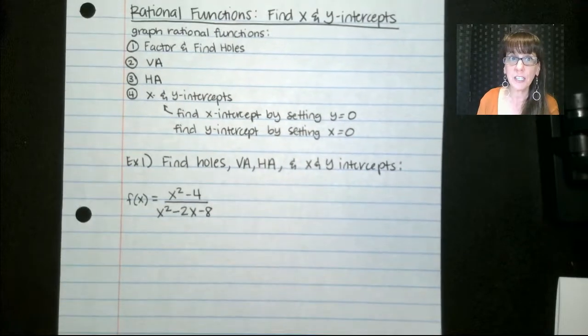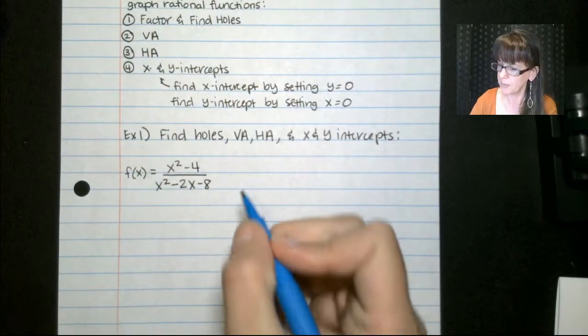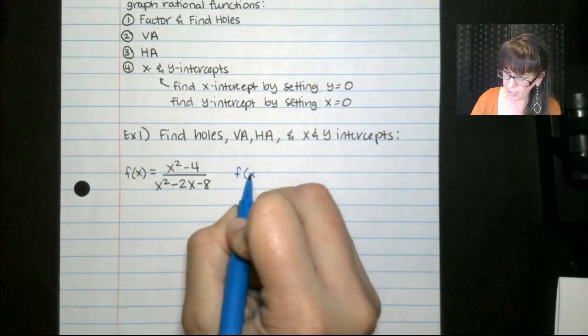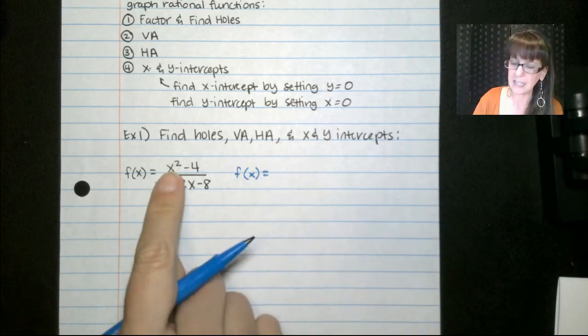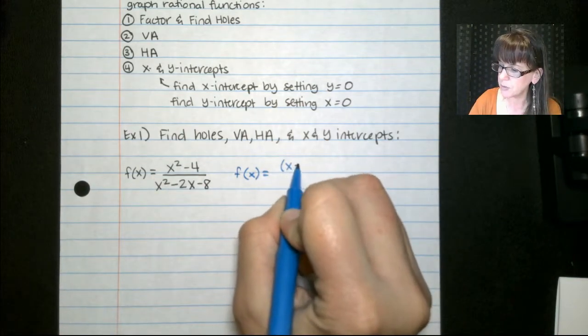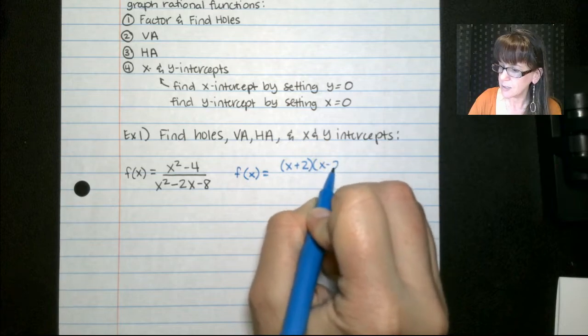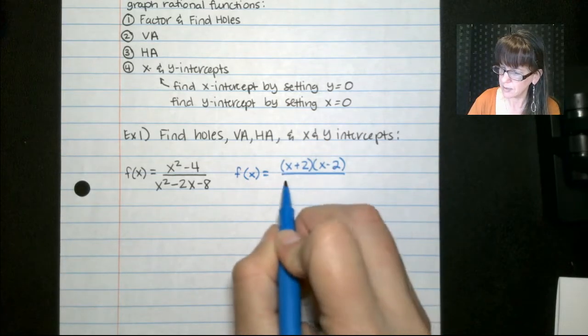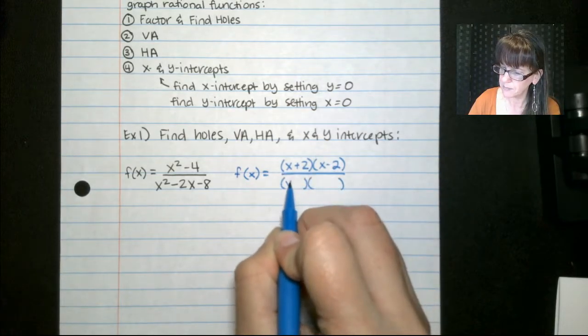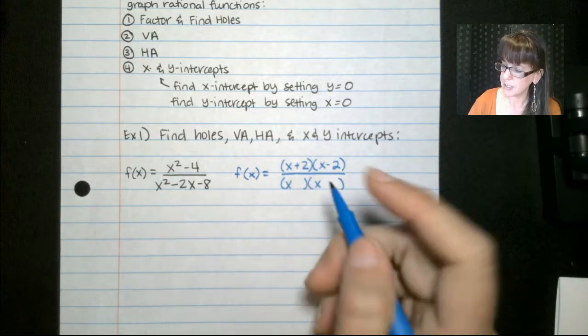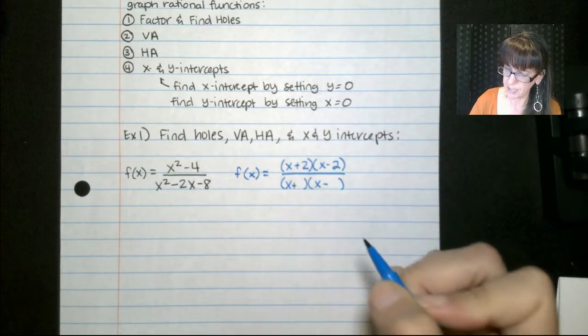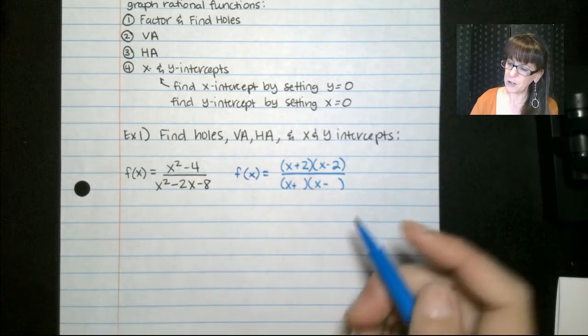The very first thing that you want to do, remember, is factor and find your holes. So we have f of x equals, this is a difference of squares, so we have x plus 2, x minus 2, and then downstairs, x. This tells me different signs, so plus and minus, and 4 and 2 are factors of 8.